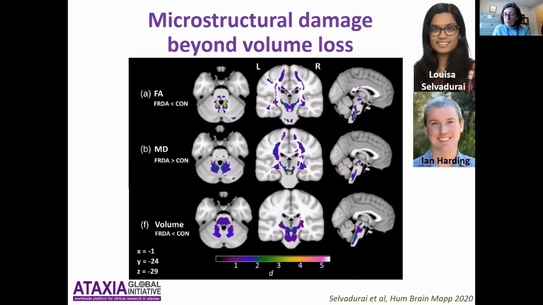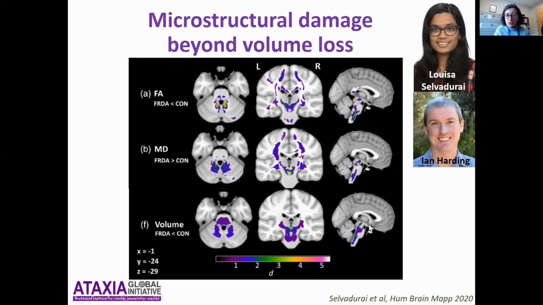But volumetric, morphometric changes are not the only aspects of pathology that you can obtain. You can do diffusion MRI, and that technique gives you very nice information on microstructural changes and changes in the various tracts. This example is from Friedreich's ataxia, where they did both volumetric MRI and diffusion MRI.